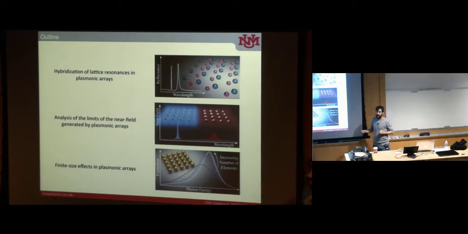Now we know that if you have a nanostructure, especially if it can support plasmonic modes, when you shine light, it's going to produce very strong near fields. But then what are the limits you can get when you order them? Can you really reach very strong fields, and under which circumstances do you get those fields?